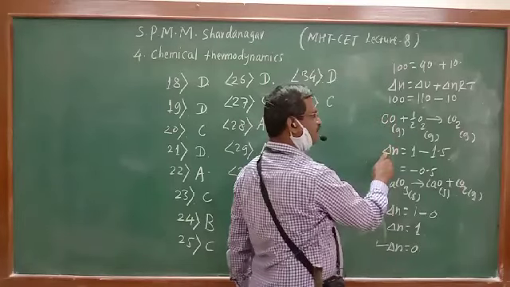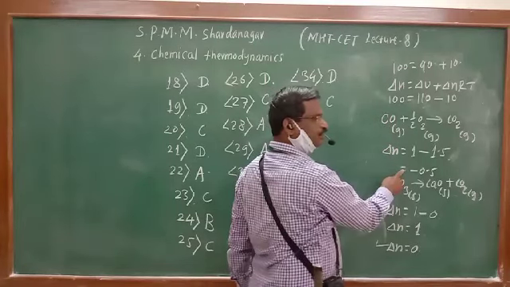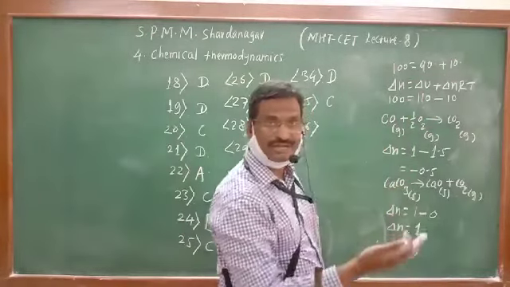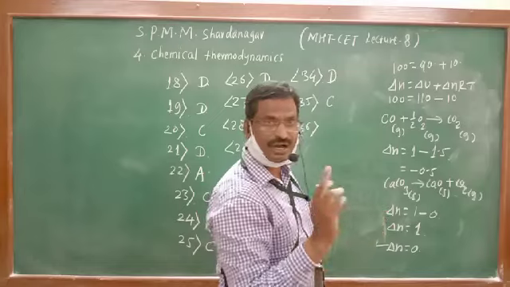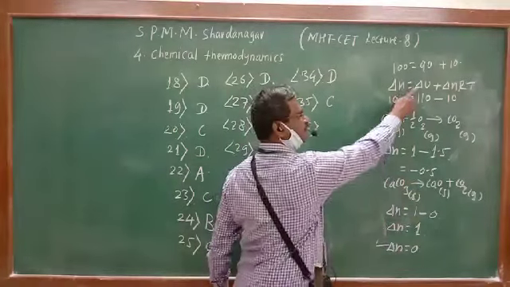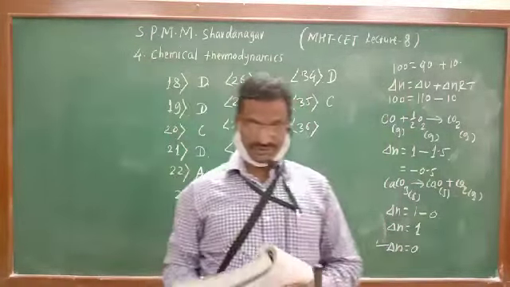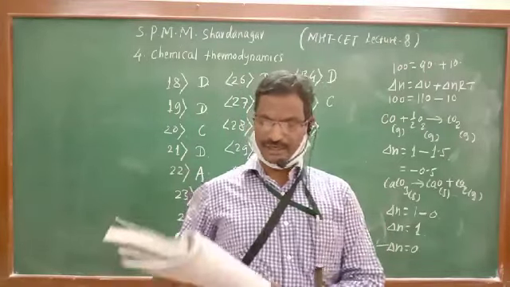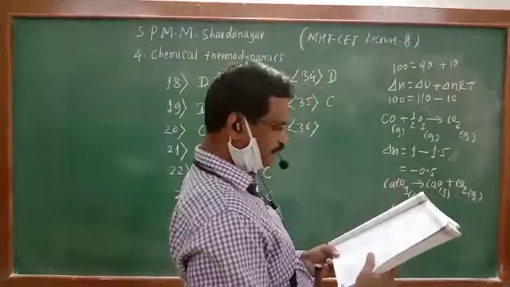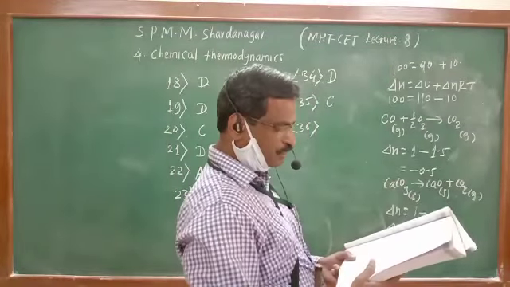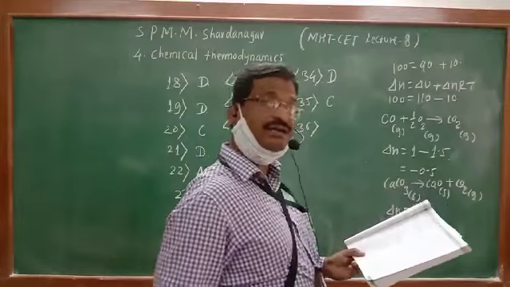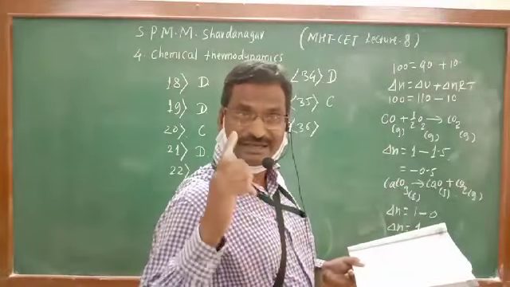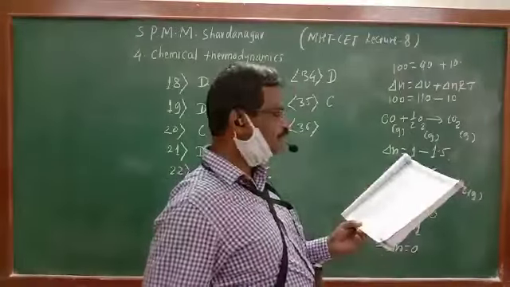Whenever delta N is negative, at that time delta H is less than delta U. Now see the options. Option A, delta H is always greater than delta U, that is wrong. B, delta H is less than delta U only if the number of moles of product is greater than the number of moles of reactant. Is it greater or less? It must be less. So B is wrong.